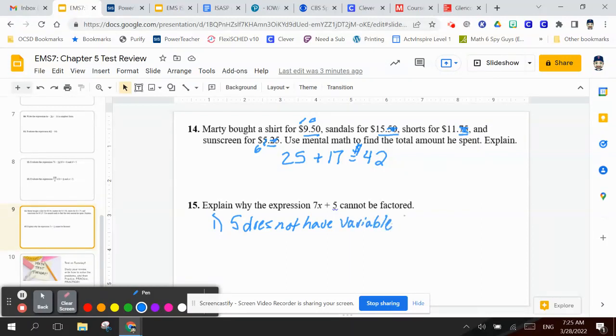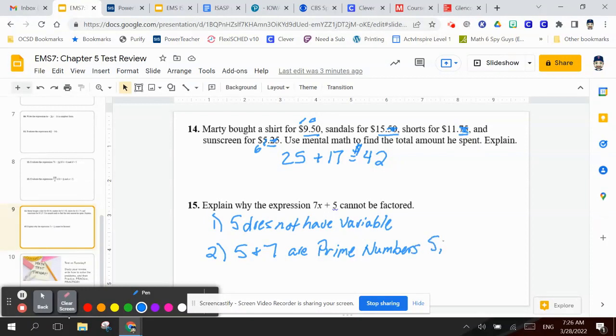It has to have that variable x in order to be factored, because they both have to have a common factor. The second thing that helps us with this expression not being factored is because 5 and 7 are prime numbers, which means that they only have two factors.